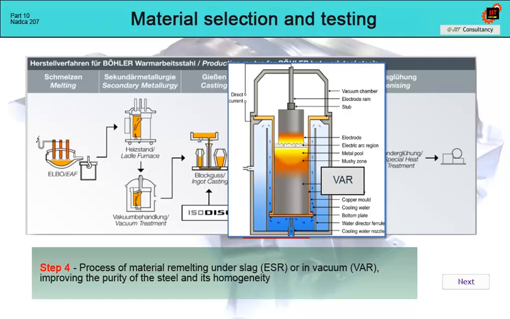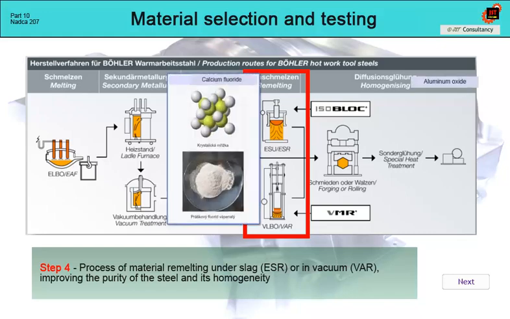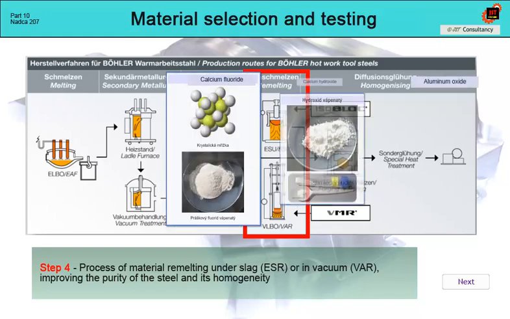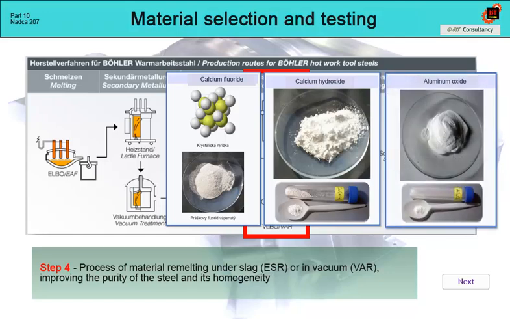The Böhler Company uses the abbreviation VMR for this process. It means vacuum melting and refining. The remelting process is based on the reaction of the melt with the slag, which is composed of highly reactive materials such as calcium fluoride, calcium hydroxide, aluminum oxide, and others, and which have the task of reducing the concentration of undesirable elements or inclusions in the steel.